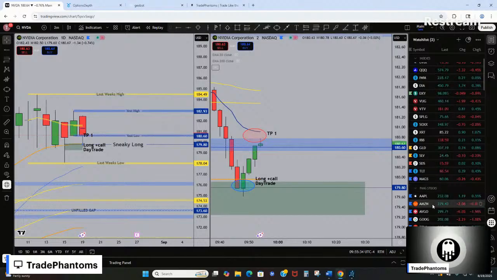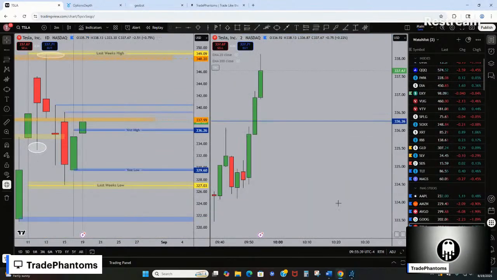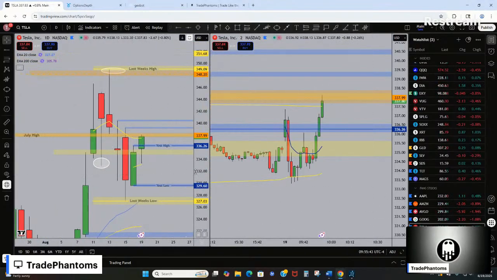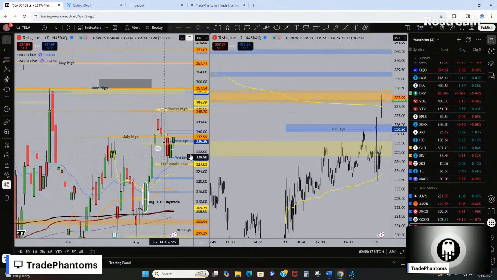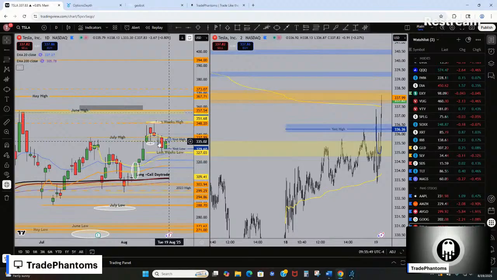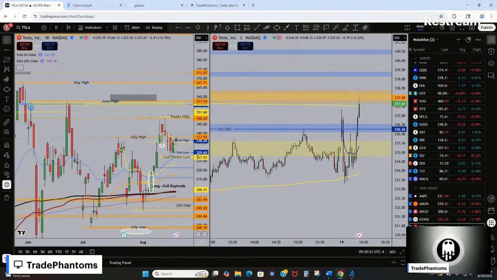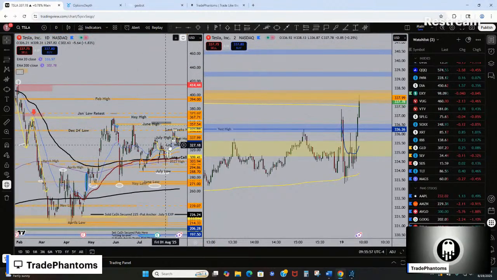Yeah, TP some Tesla in. Not an easy play. Tesla's trying to gain some bids here. Tesla's been overall range for a little while now too, if you look at the bigger picture.